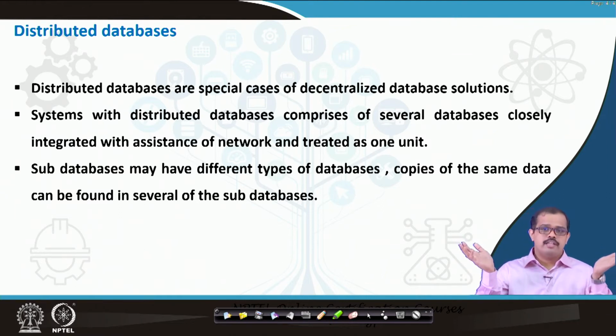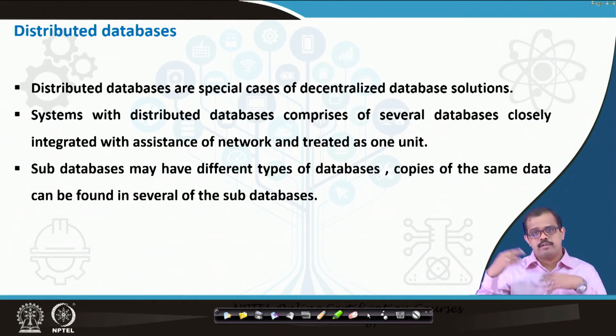For example, in today's scenario, different web pages from different nooks and corners of the country, each having its own database and its own profiles, are very good examples of decentralized database solutions. There are many websites which combine all of these together and give you a single comparative result. That's again a distributed database.